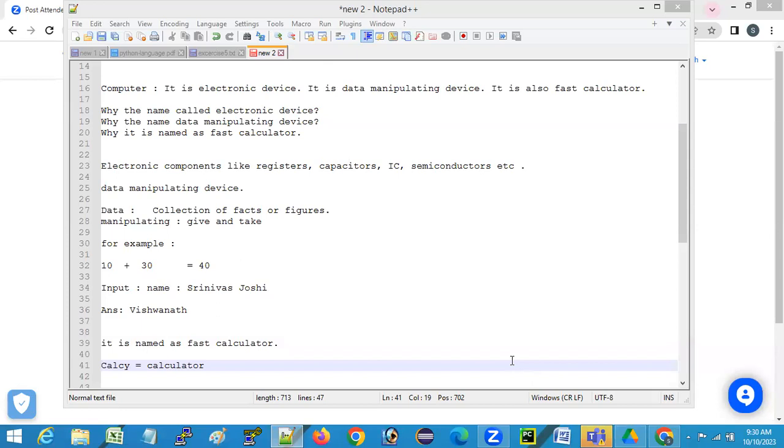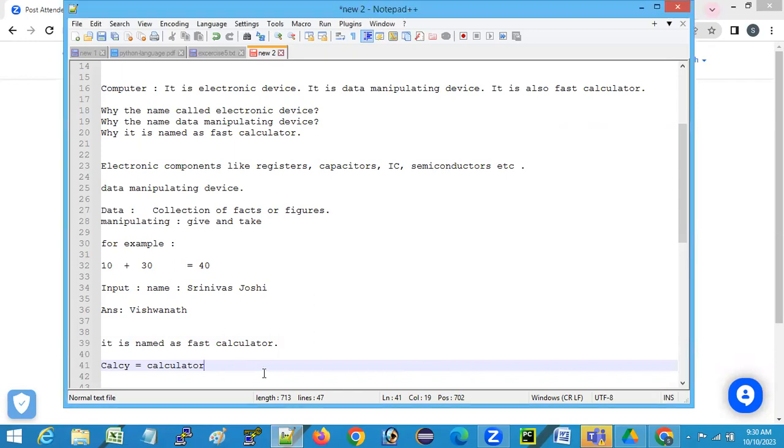Only one time, right? The calculator gives the result only once, so at a time we are not able to get multiple results.